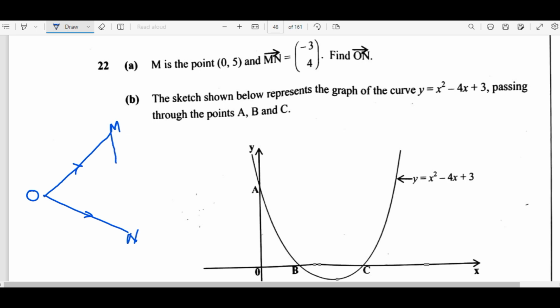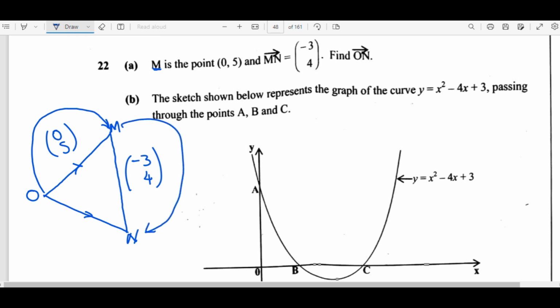So this is the line MN, and we are given this vector is (-3, 4). Then we have OM is (0,5). So the question is, we want vector ON. If we want vector ON, we move from O to M, then plus M to N. So let's do that.